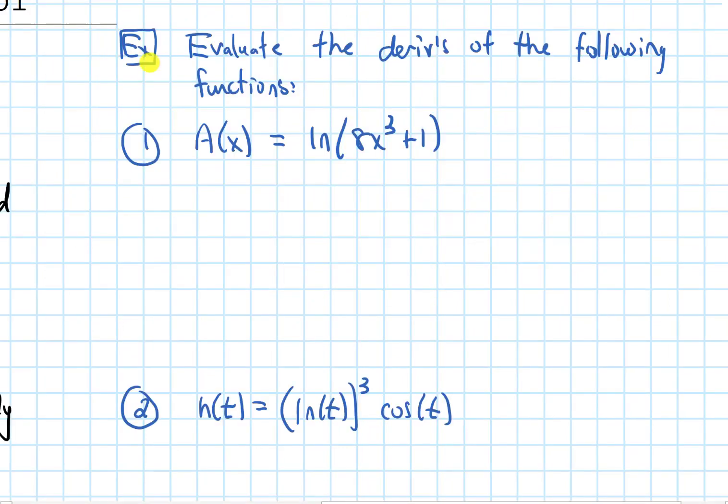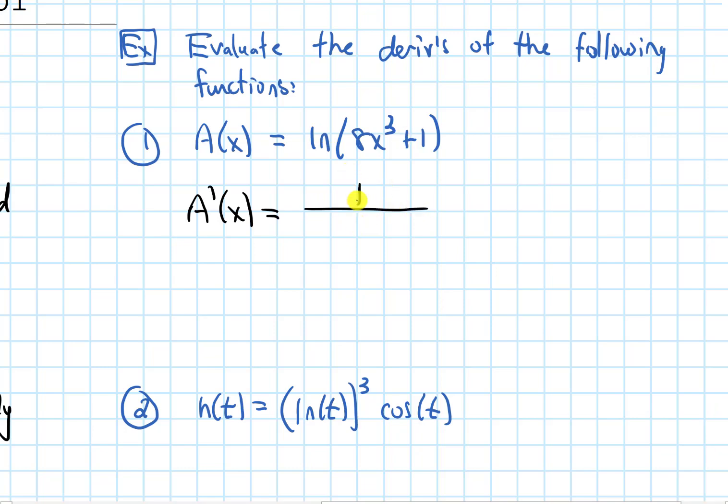All right, let's look at some examples. I want to evaluate the derivatives of the following functions. The first example has the function a of x equals ln of 8x to the third plus 1. So this isn't just ln of x, it's ln of some more complicated stuff. So this is going to involve chain rule. The chain rule says, take the derivative of the outside thing, the ln, and that's typically 1 over x.